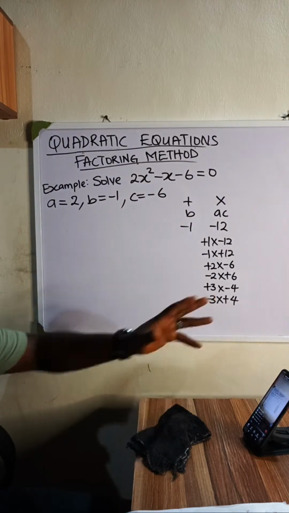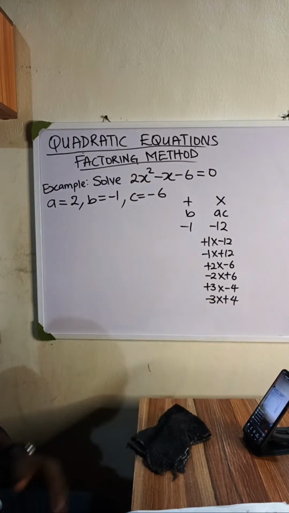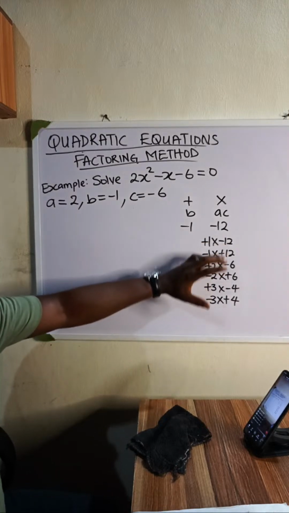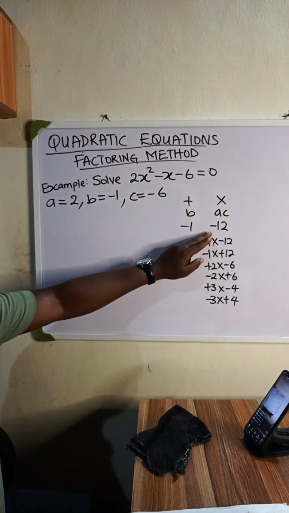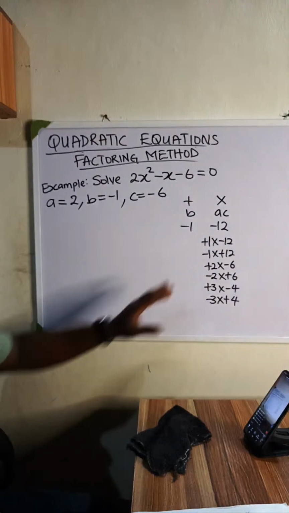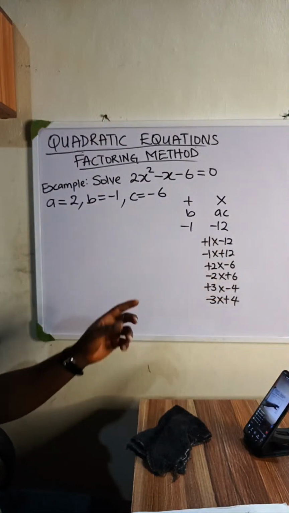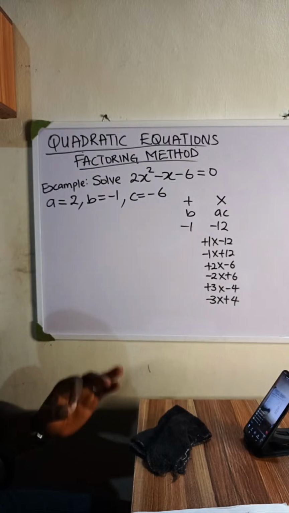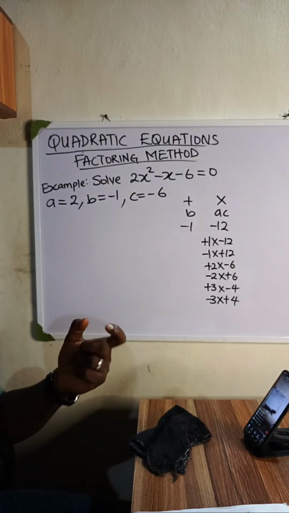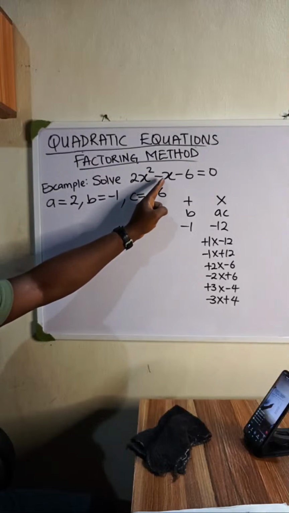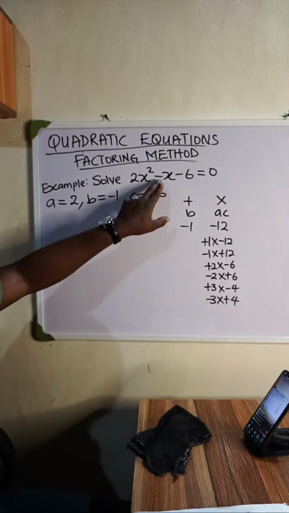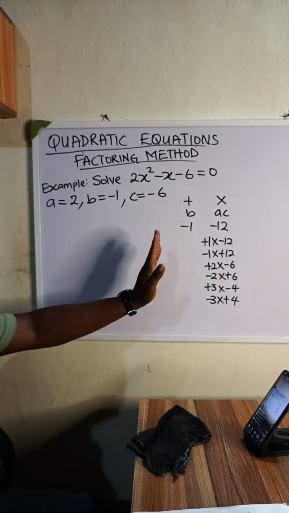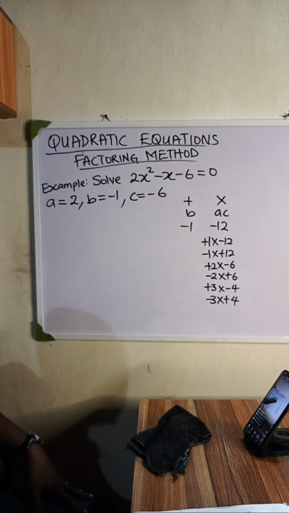All these groups of numbers multiply to give us minus 12, but among these groups, which of them add to give us minus 1? That is the group we're going to use to replace minus x. Our target is to split minus x into two numbers.